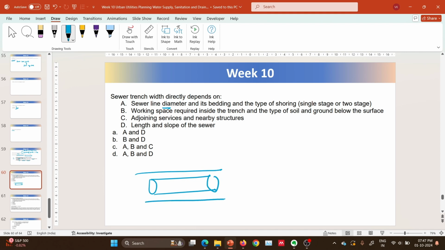You have to make a plan, and you have to support the trench with the help of shoring.